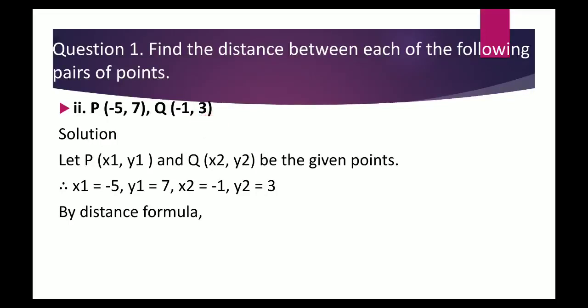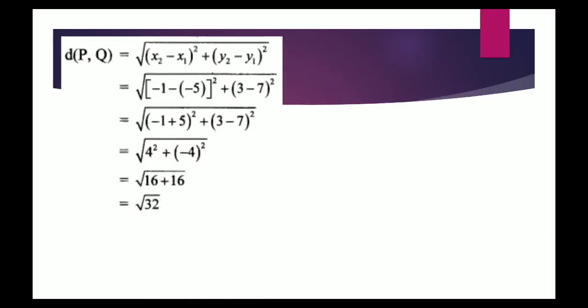Now we are going to apply the distance formula. We know that the distance of PQ is equal to root of x2 minus x1 the whole square plus y2 minus y1 the whole square.